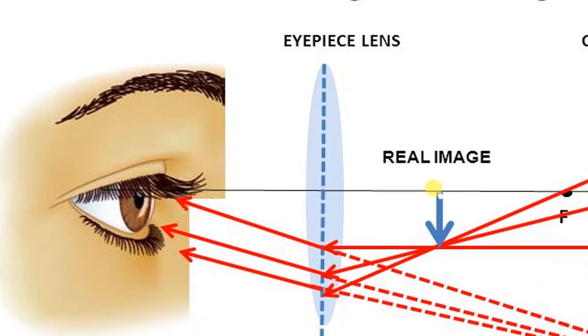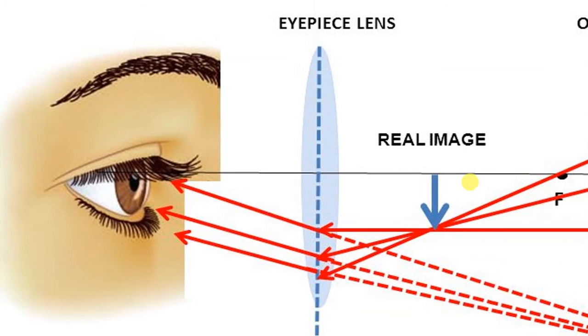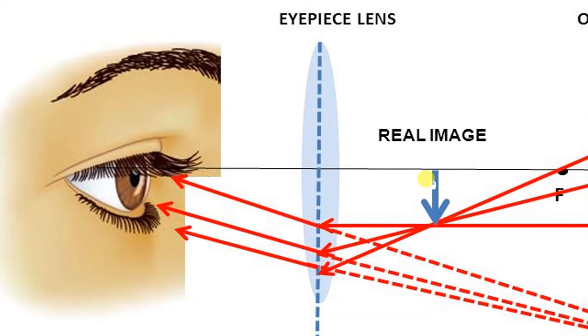Okay, and here if you notice, this object for the second lens is inside its focal length, and we know from the sixth case for image formation by converging lens that when the object is inside the focal point, which means, girls, it's very close to the lens, the image produced will be what?